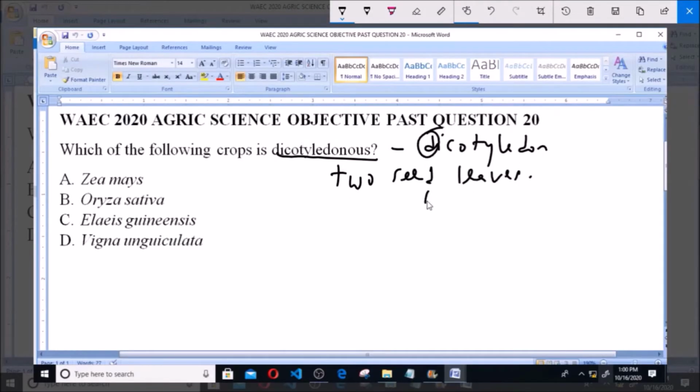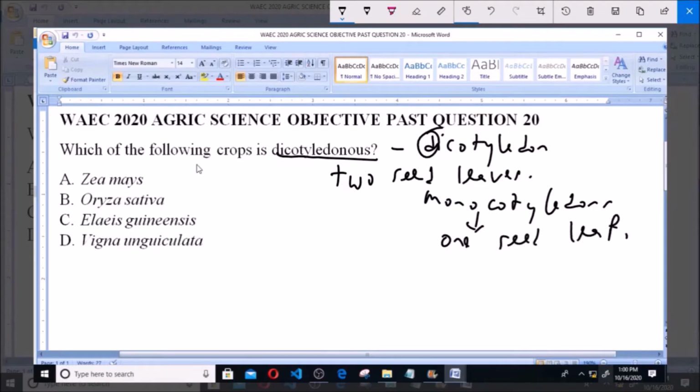Their counterparts are known as monocotyledons, which have 1 seed leaf. So option A is maize. B, Oryza sativa, is rice. C is oil palm, and then D is cowpea. Now, maize is a monocot.